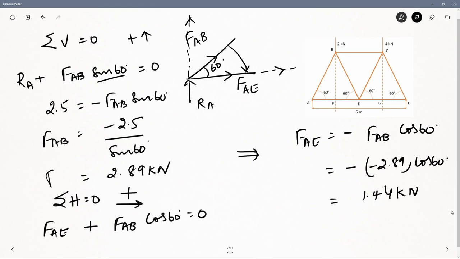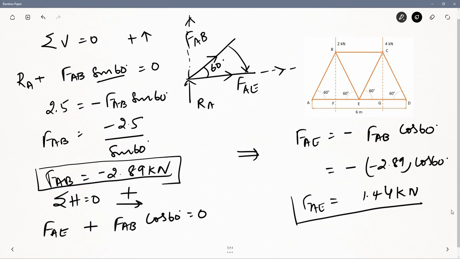So I have my two member forces FAB and FAE. FAB is negative in direction, indicating that the assumption we made, that the member force FAB is tensile in nature, is wrong. So it actually is compressive in nature.